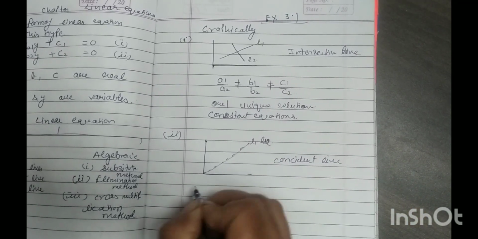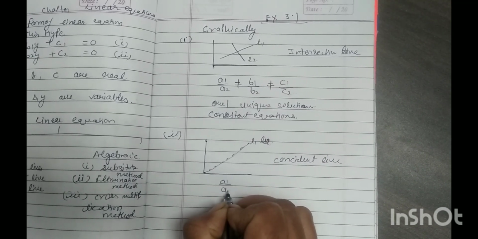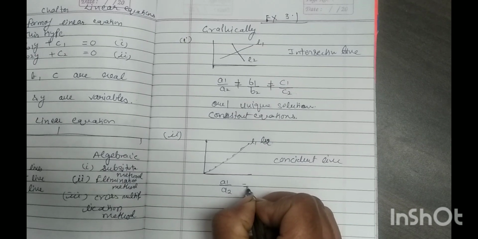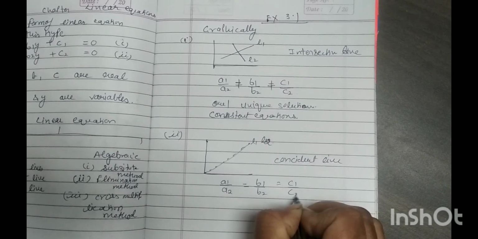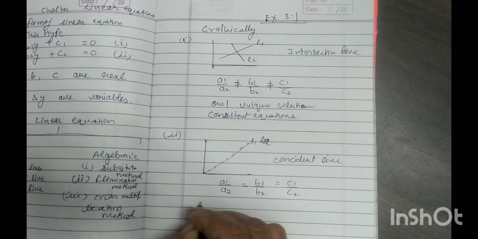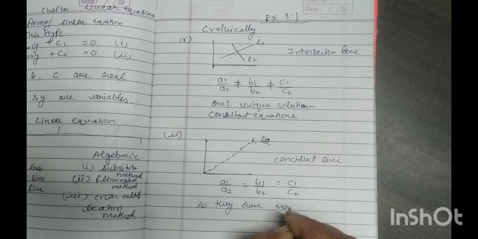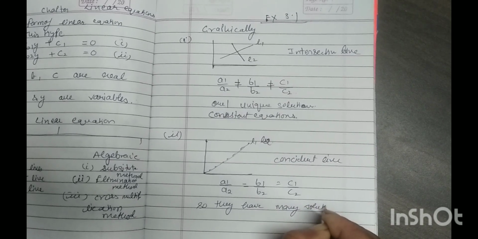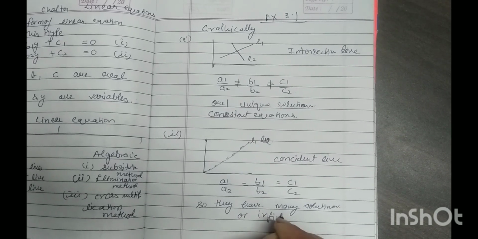In this type of equations, a1 upon a2 equals b1 upon b2 and equals c1 upon c2. So they have many solutions or infinite solutions.